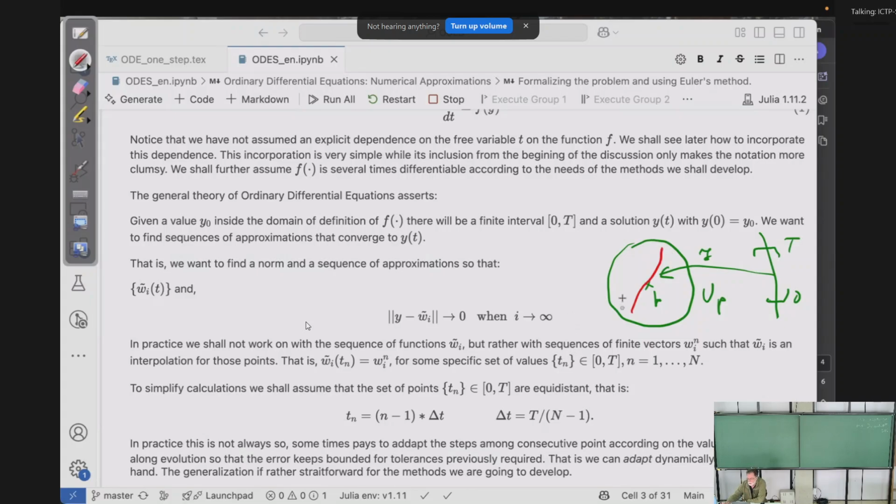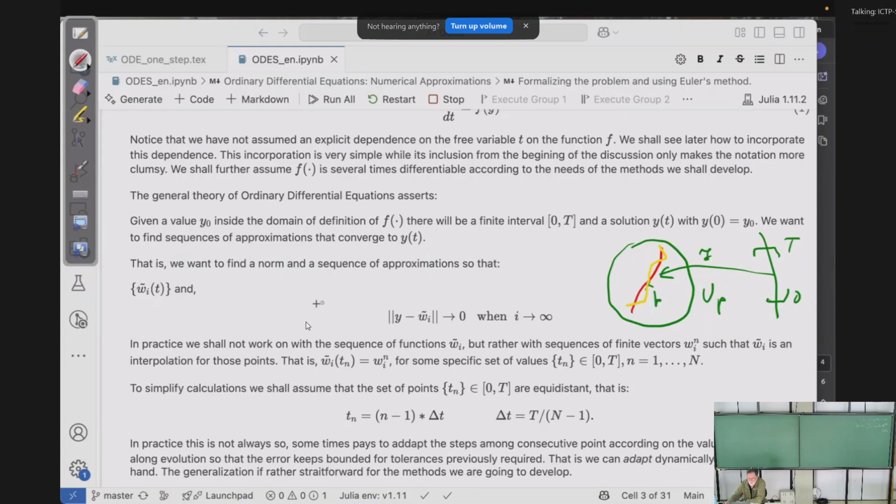And now we want to do approximation of this, let's say something like that, and on the other side. So we want to formalize what it means that we approach the exact solution with this approximation.